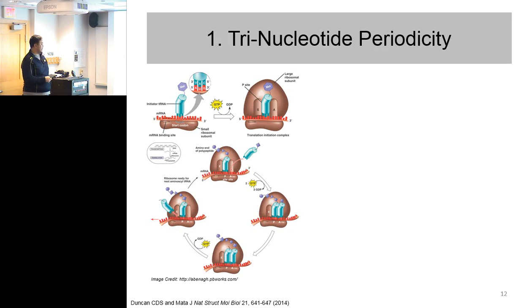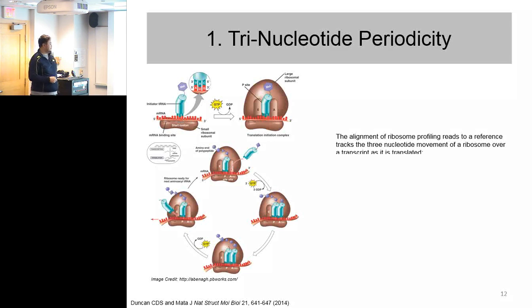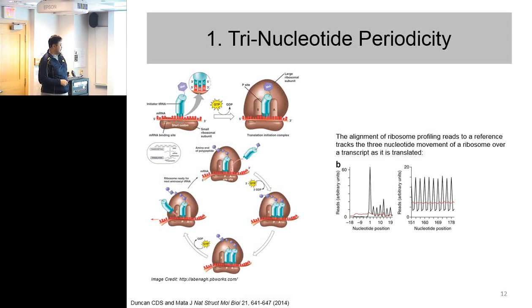And once those are added, it moves in a 3 nucleotide window. And so when you align those reads to a reference transcriptome and look at the normalized coverage over a transcript, you'll see that there's a clear peak every 3 nucleotides, with good regularity.